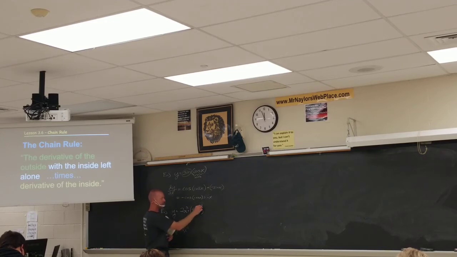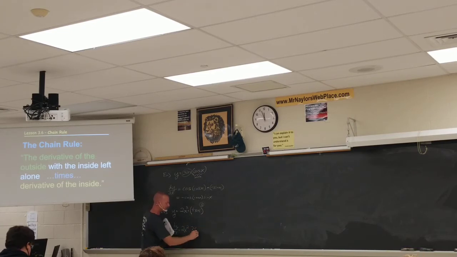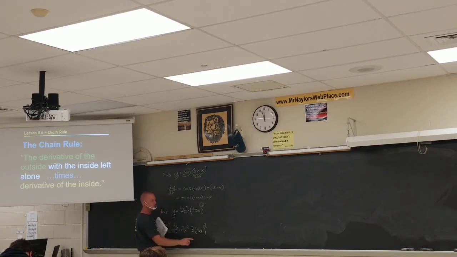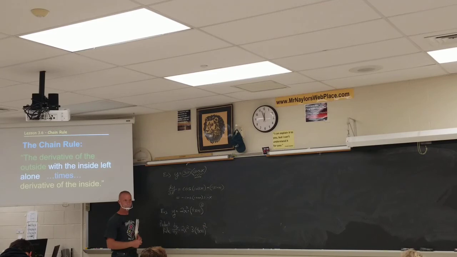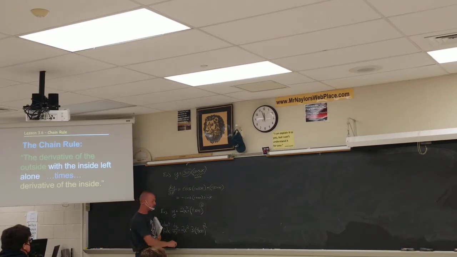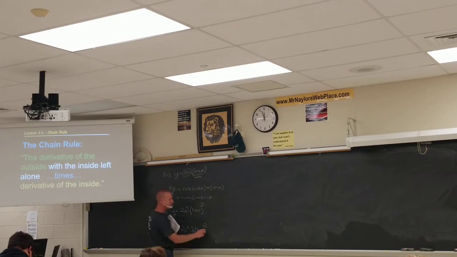When we do the derivative of the second, we're going to think of that 3 as being on the outside. And like we've done a couple times, we'll leave the inside alone. Don't forget to finish the derivative of the outside. So that square that I wrote down there is pretty important because that's part of the chain rule. And then, of course, I'm going to multiply by the derivative of the inside. I'm going to multiply by 4.